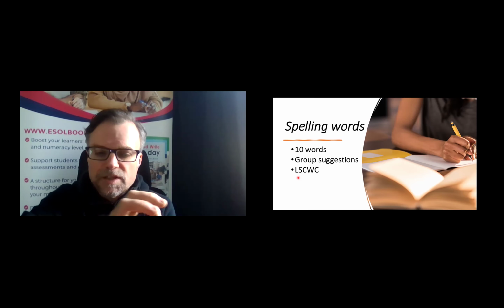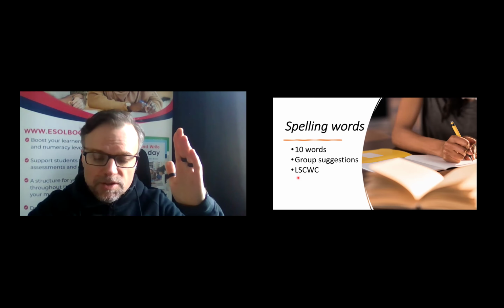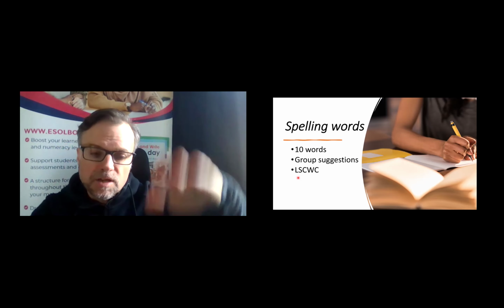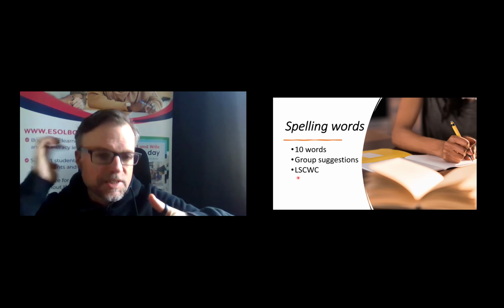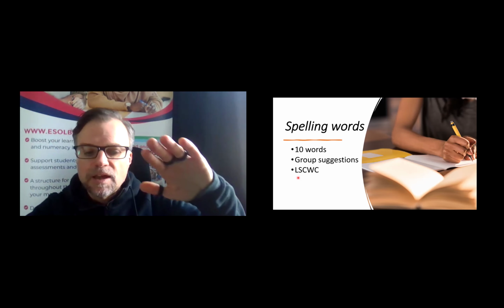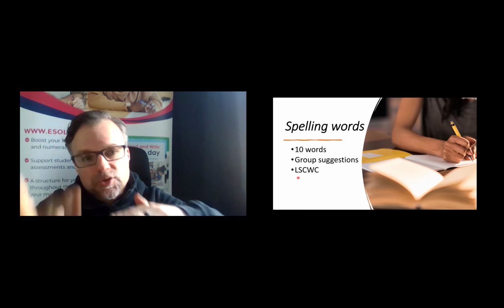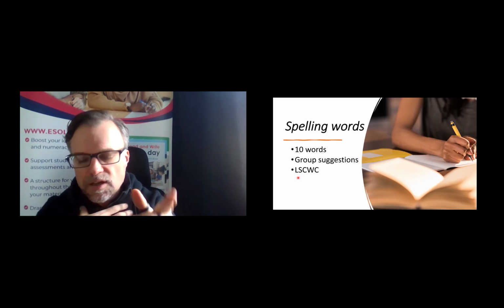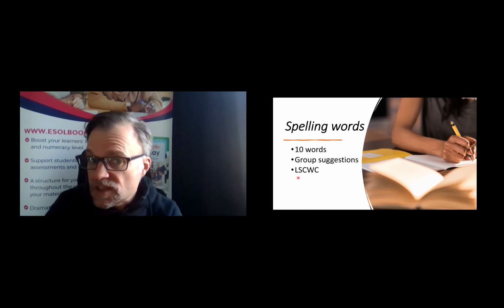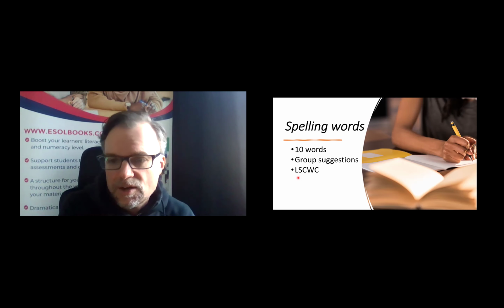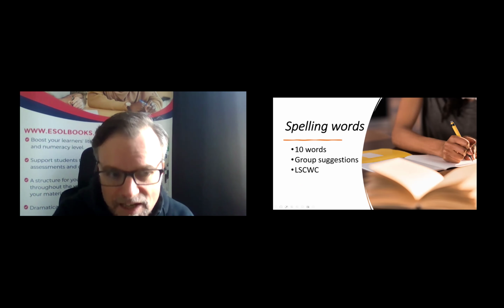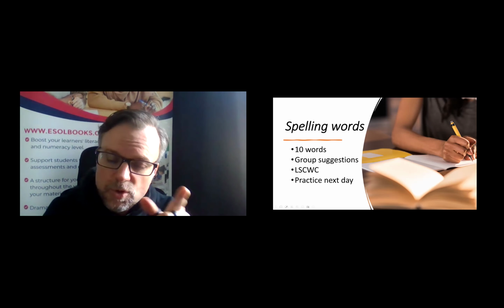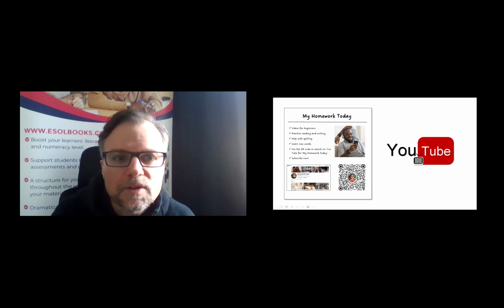Rice, for example, write it down, look at the word, remember it, say the word, cover, write it again. So you're not copying. It's really good practice to help you learn the spelling and then check and then do that again 3, 4, 5 times. You can incorporate this into the video you send them to clarify the homework task. Then there's a follow-up the next day, which I will talk about when I talk about day 2.